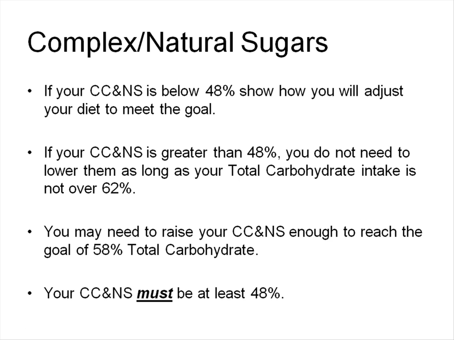If they're below 48%, then I'm going to have to raise them. If they're greater than 48%, you don't need to do anything to them unless you're over 62%. Okay, then you'd have to reduce them. But your goal is to reach that 58% goal, have at least 48% complex carbohydrates. Okay, you can't have less than 48%, but you can have more.